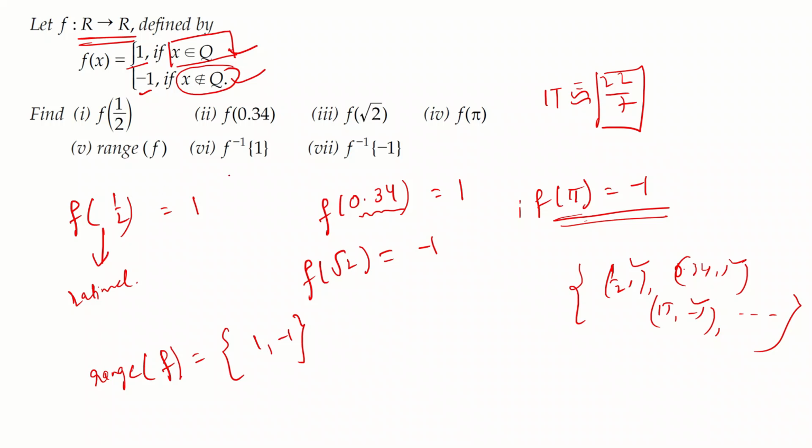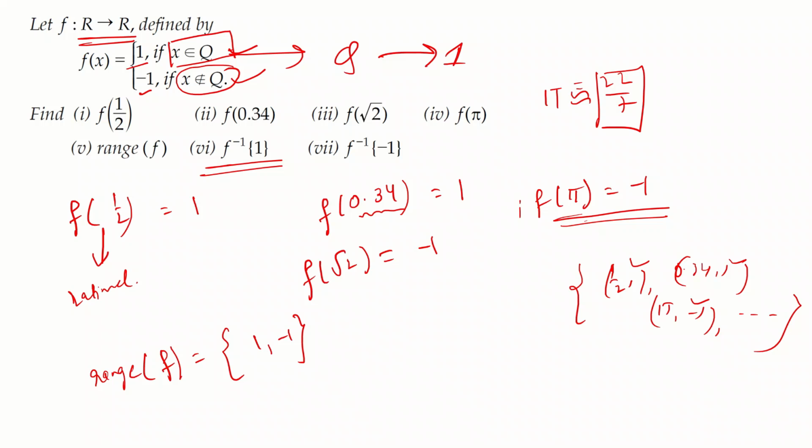What is f inverse of 1? f inverse of 1 means all those points that will give you 1 as image. So what are those values of x which when you plug inside f will give you 1? It is clear from the very definition, right? All of the rational numbers will take you to 1.